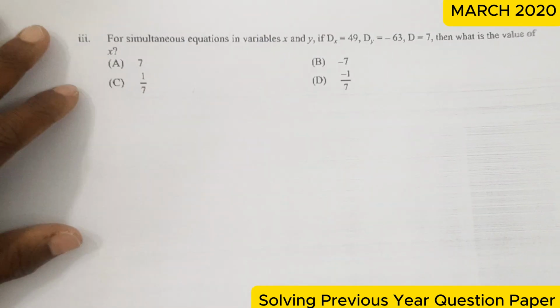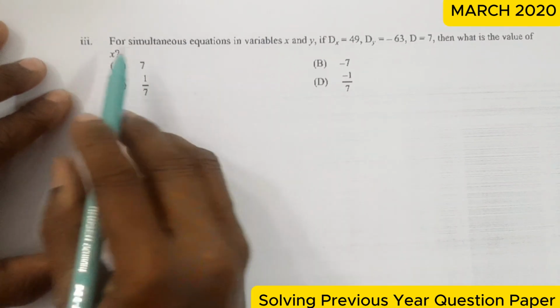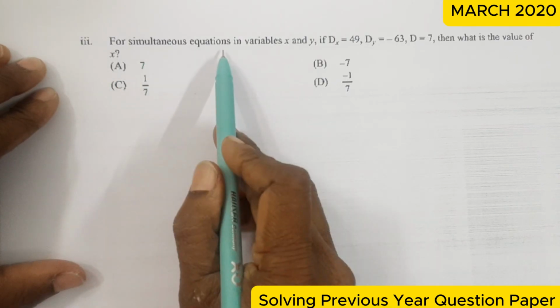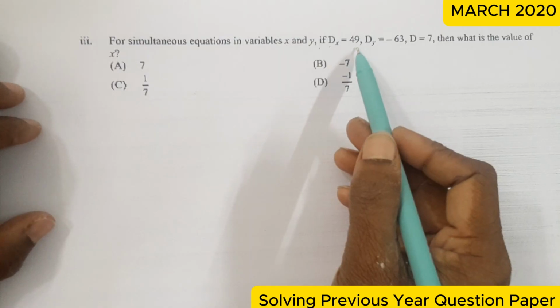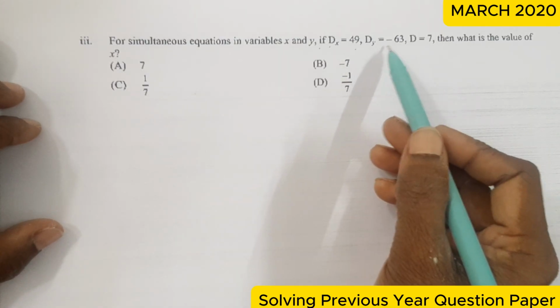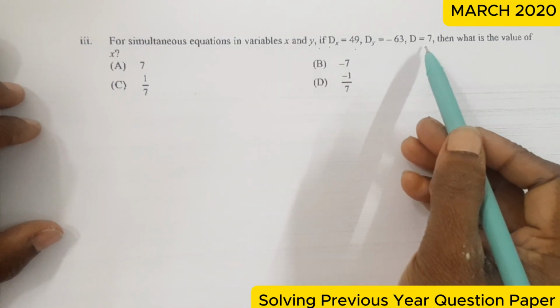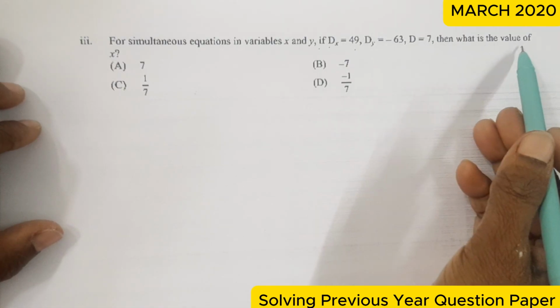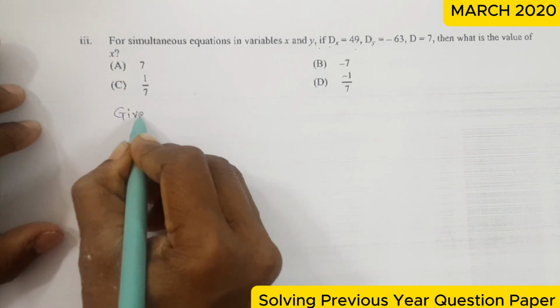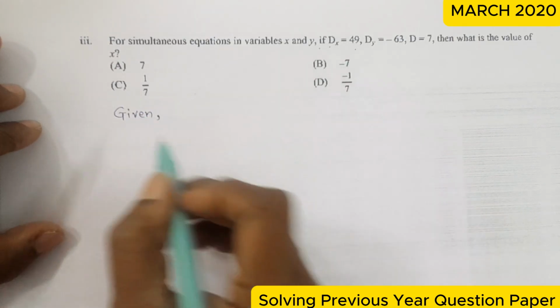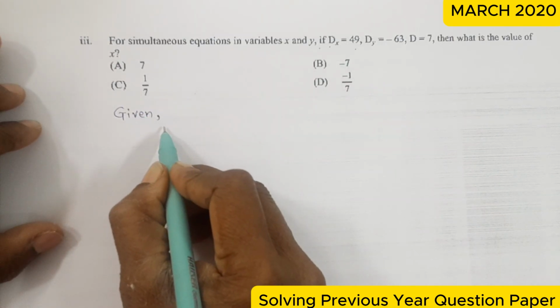That next example is, students, third one: for simultaneous equations in variables x and y, if D of x is equal to 49, D of y is equal to minus 63, D is equal to 7, then what is the value of x? So here students, first we write down the given. We have to calculate what is the value of x.